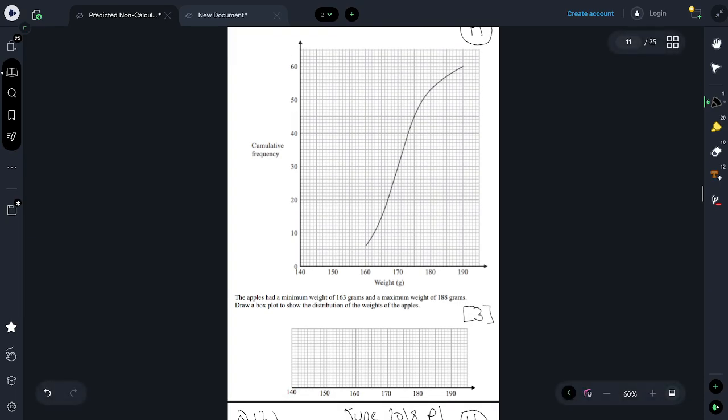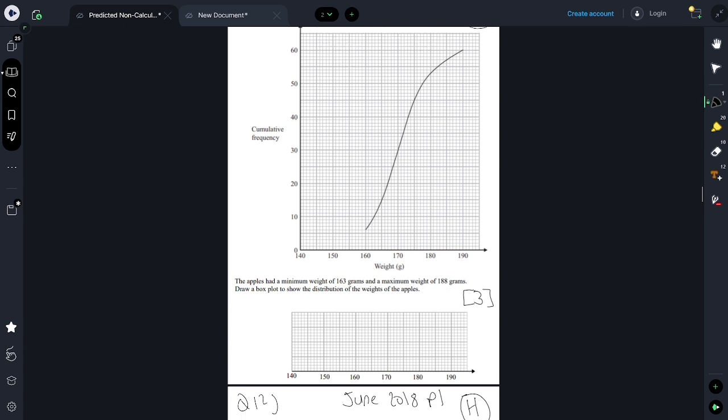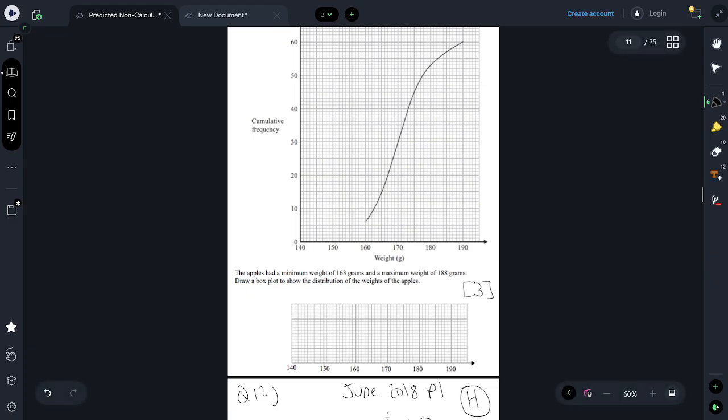Now, they've already given us the minimum weight is 163 and the maximum 188. So you should know with box plots, for the minimum, we draw a line. So 163 is going to look about here, right? So draw a line then. Actually, let's make it a bit consistent. Let's do it between the two major lines.